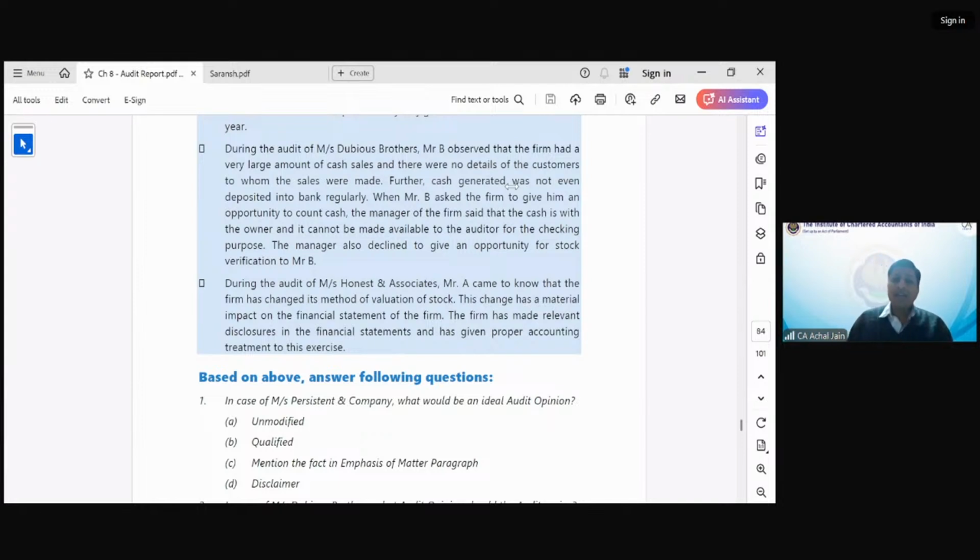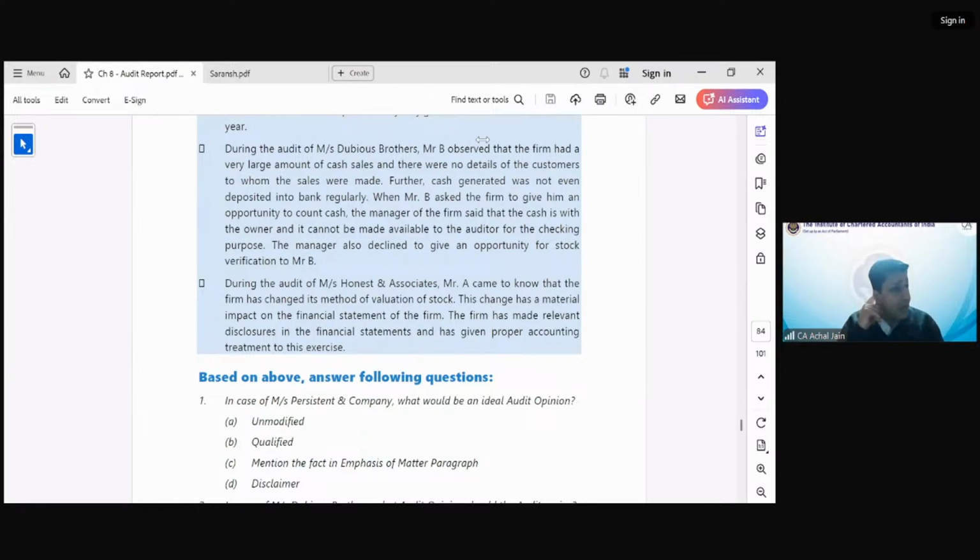Yes or no? So whenever you use this term modification, please be very careful. Modification is more of a general term, but qualification is specific. Disclaimer is specific. Adverse is specific. Correct? Okay, great. So I can see this response 1B from everyone.